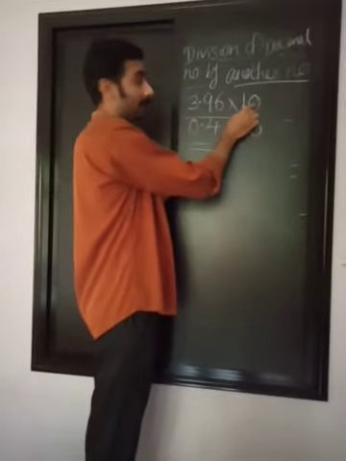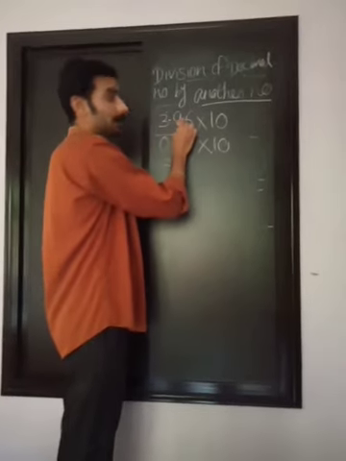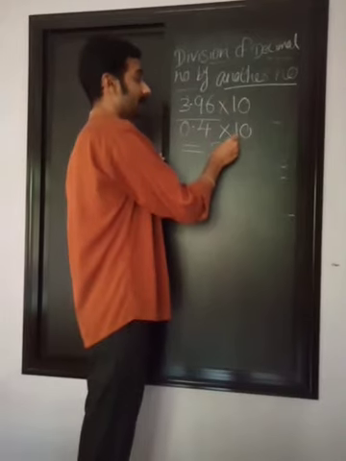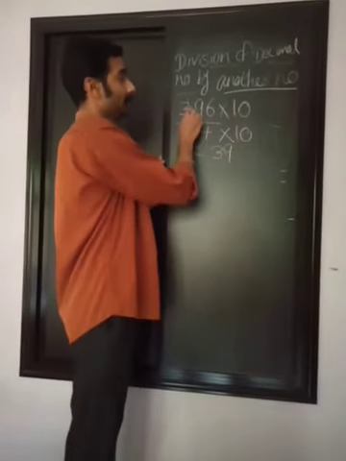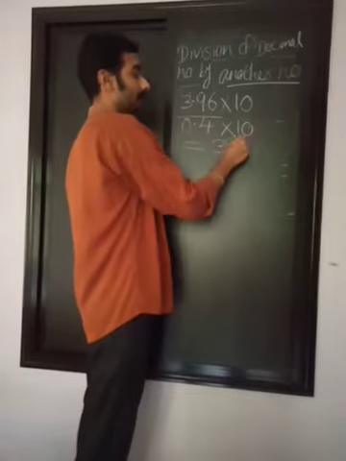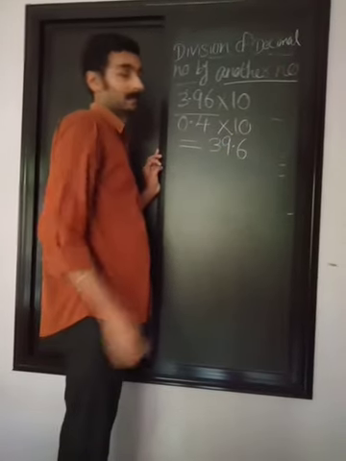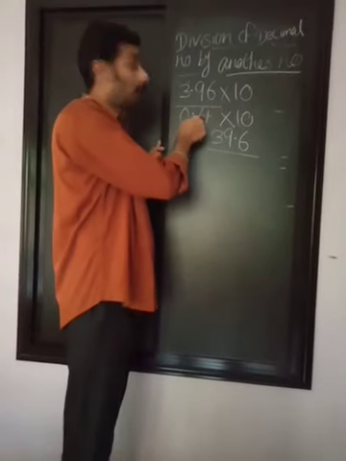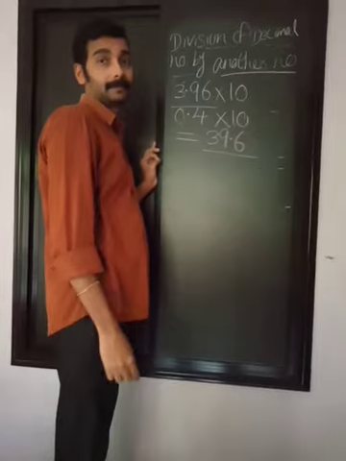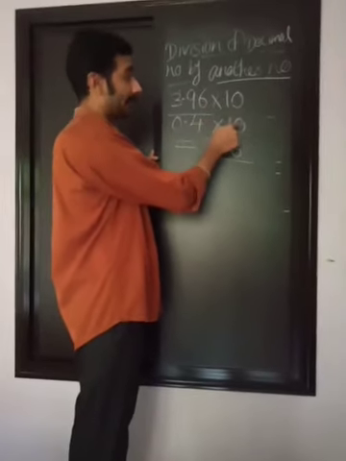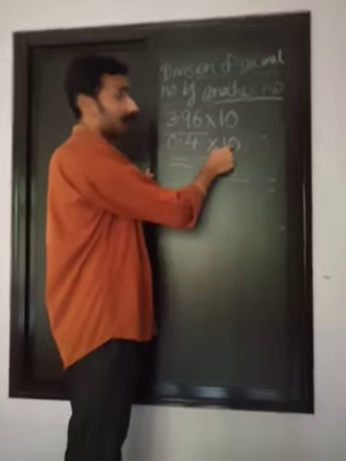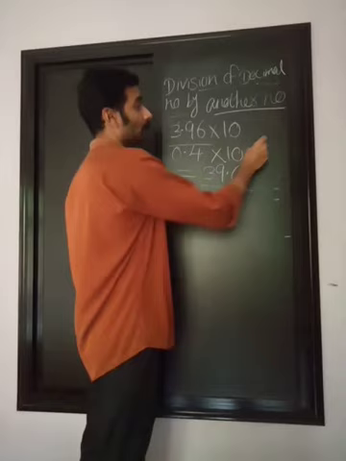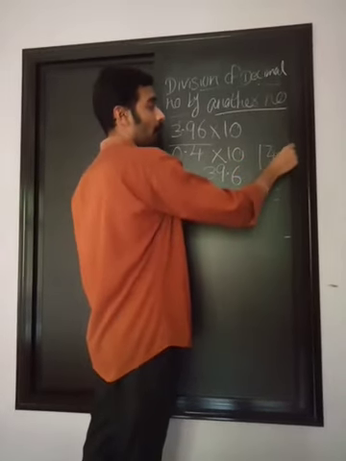So 39.6 divided by 0.4 into 10. 4 into 10 is 40.